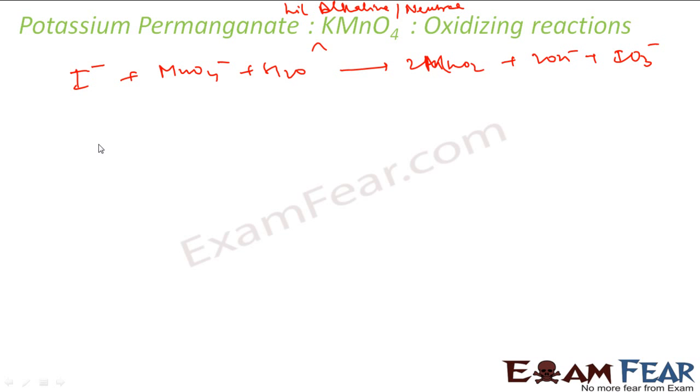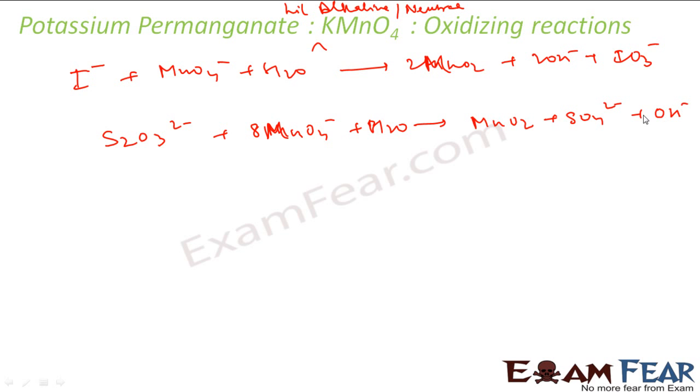You talk about thiosulfate, S2O3 2 minus, it is oxidized to sulfate. You react with 8MnO4 minus and some water molecules, right? It becomes MnO2 and SO4 2 minus and OH minus.